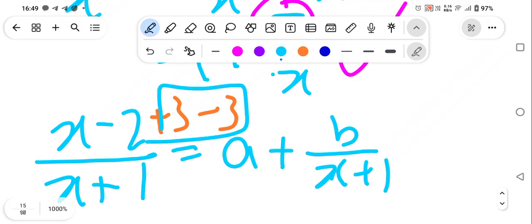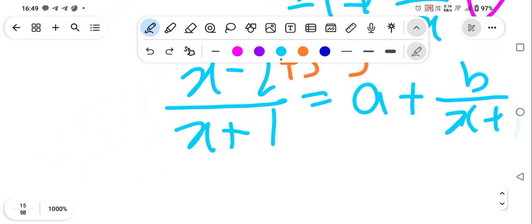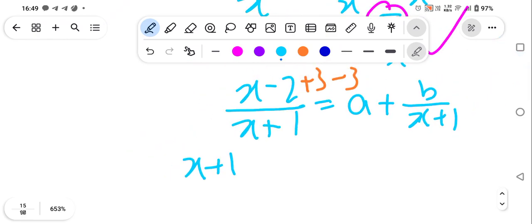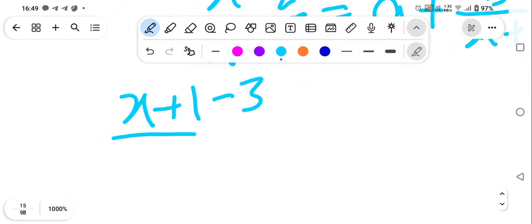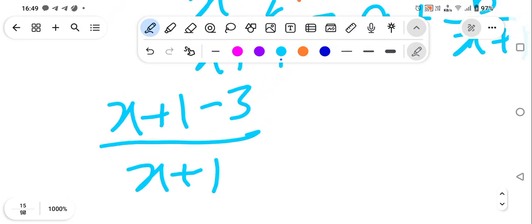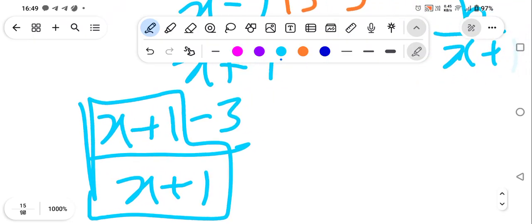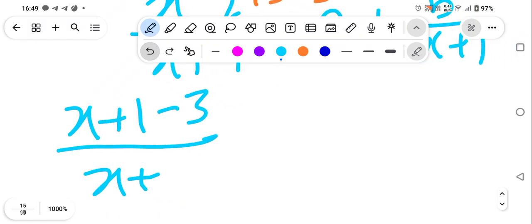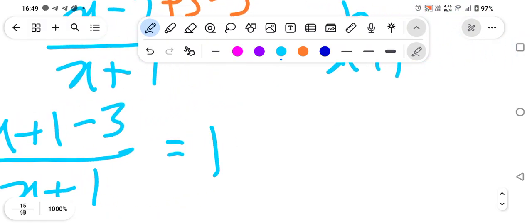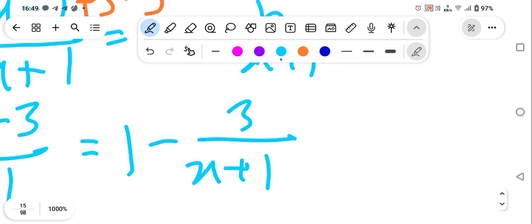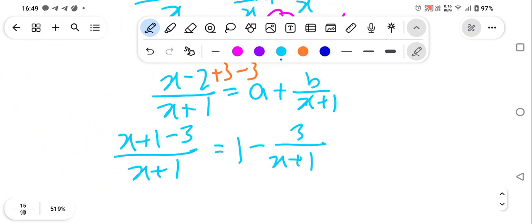So this is 0, so it doesn't matter. After we plus 3, we will have x plus 1 minus 3 over x plus 1. As you can see, this is clearly 1, and this will be the remainder. So this will be equal to 1 minus 3 over x plus 1. Very easy and very quickly.